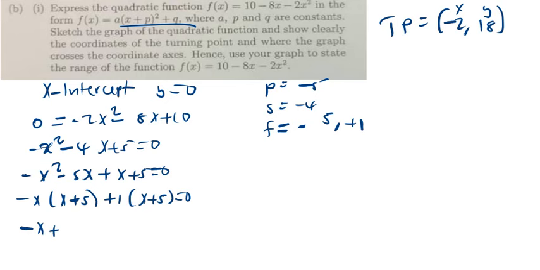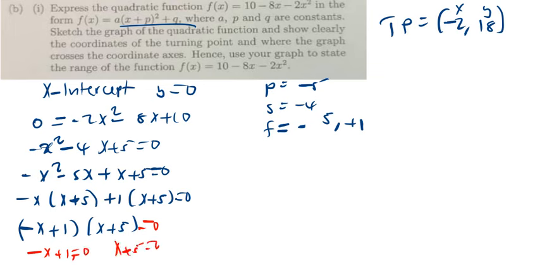So negative x plus 1 is equal to 0, and also x plus 5 is equal to 0. To find the value of x, negative x will be equal to negative 1, so x will be equal to 1. The other one, shift 5 to the other side, x equals negative 5.